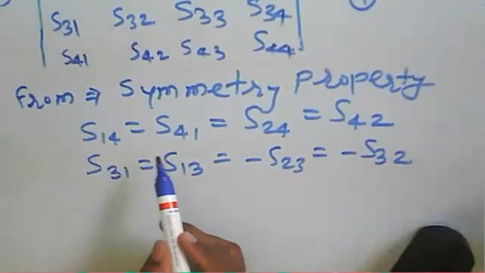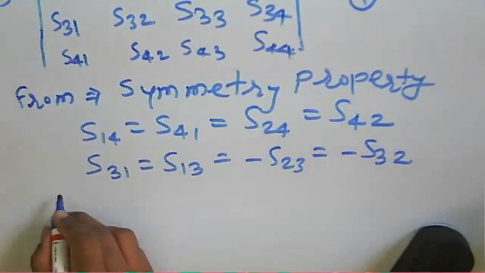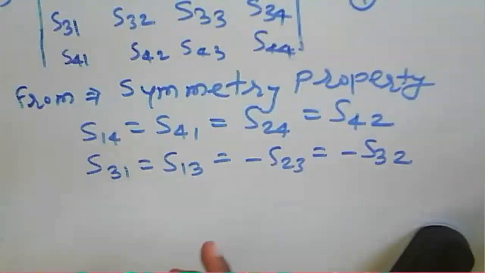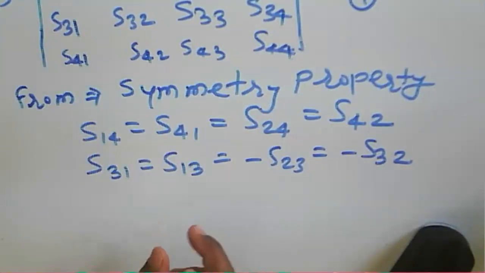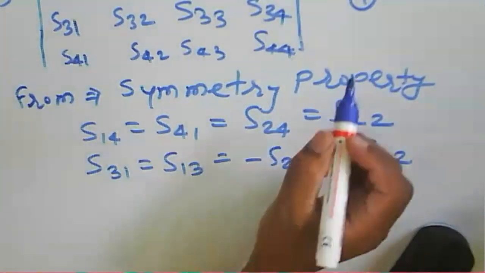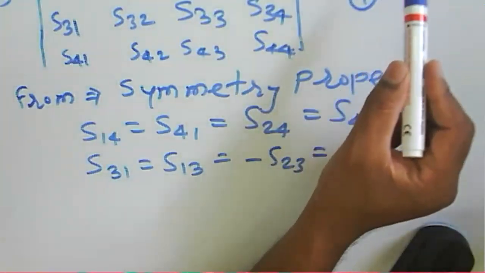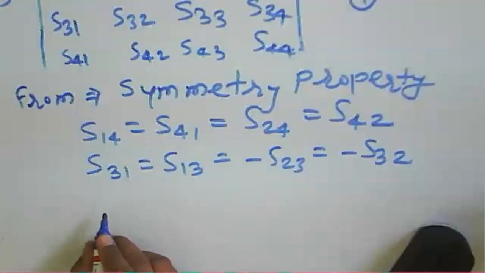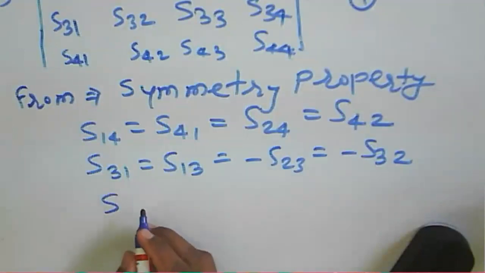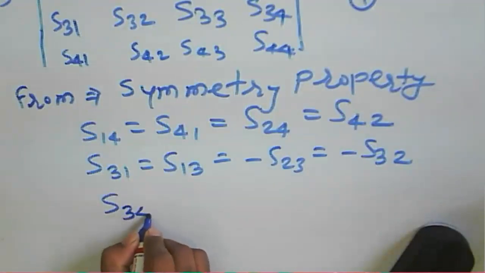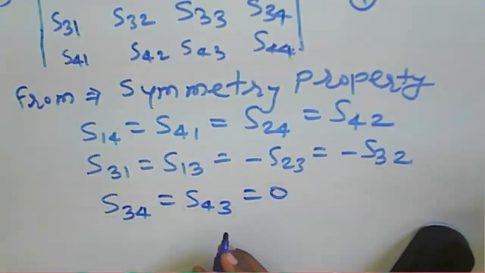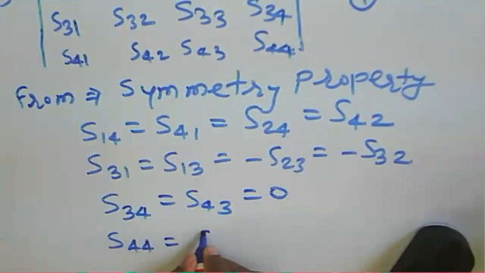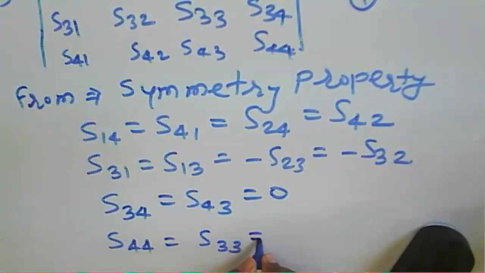Now from the symmetry property we say these terms, then again the perfectly matched condition, that is about the junction condition. In that case, port 3 junction is perfectly matched, and port 4 junction is perfectly matched. In our isolation case, we say that S34 is equal to S43 is equal to 0, and S44 is equal to S33 is equal to 0.